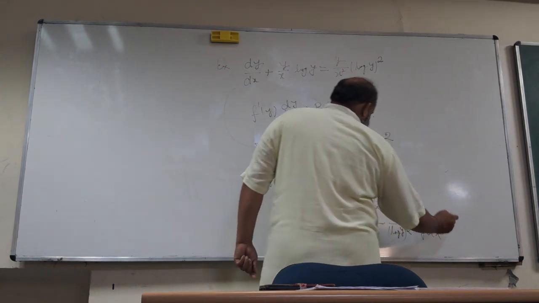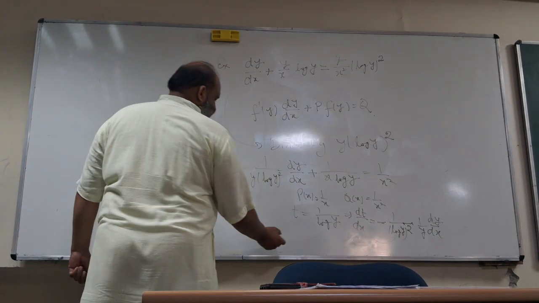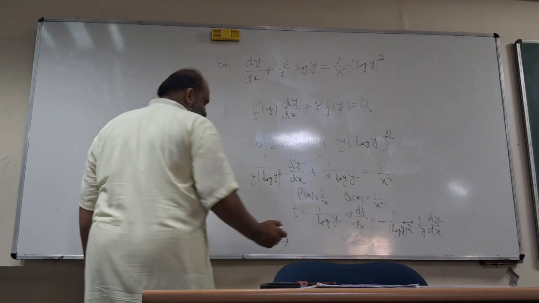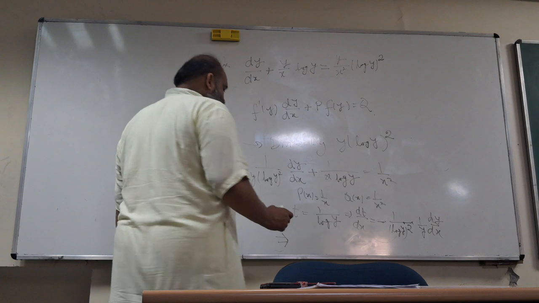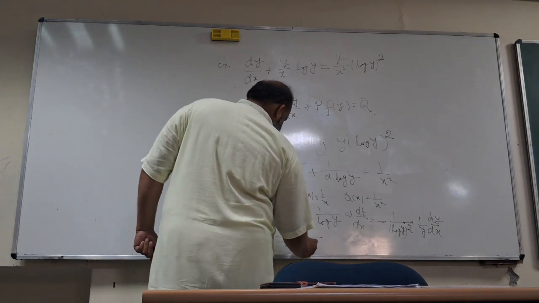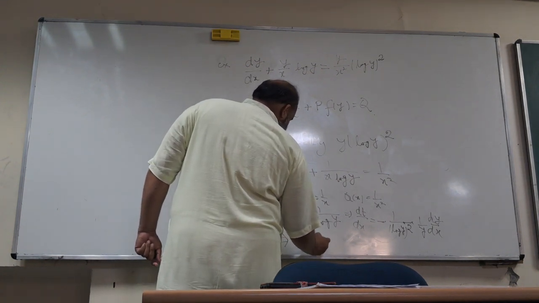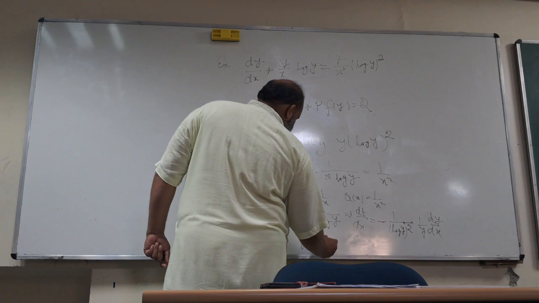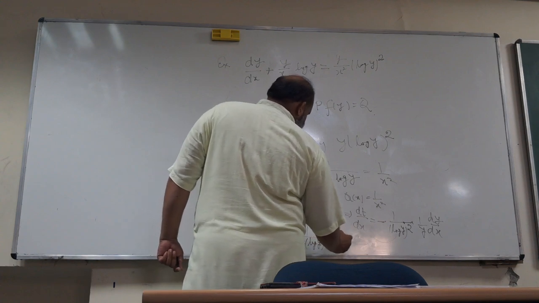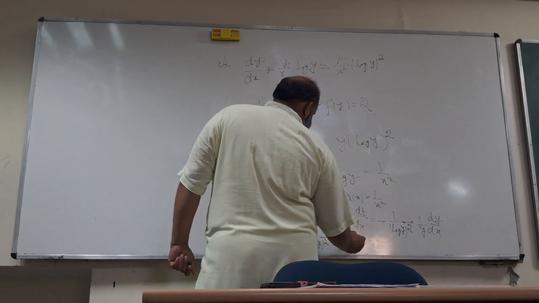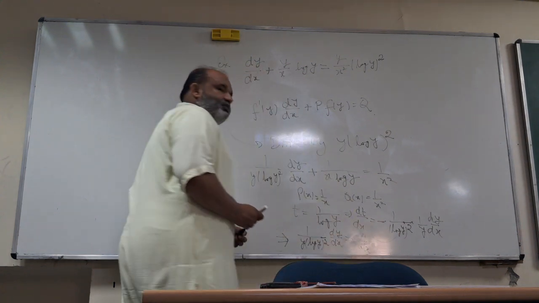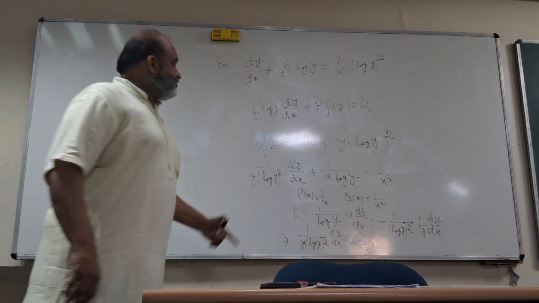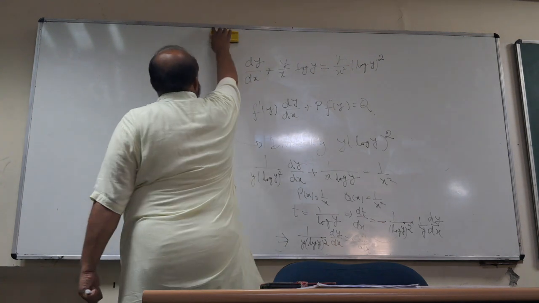So in this way I get 1 upon y log y all square dy upon dx. This will be equal to minus dt upon dx. Is it okay? So substitute here in the equation.